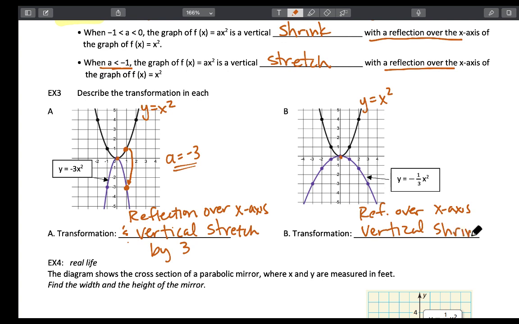That vertical shrink is coming by a factor of 1/3. So once again, you can see all of these y values on our parent function are cut into thirds. So this point here goes to 1 over and -1/3. And this point is 2 over and -4/3.